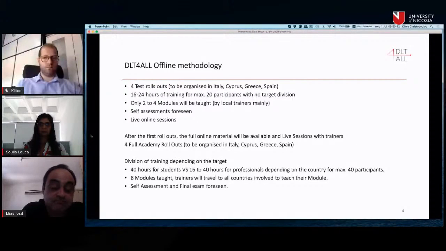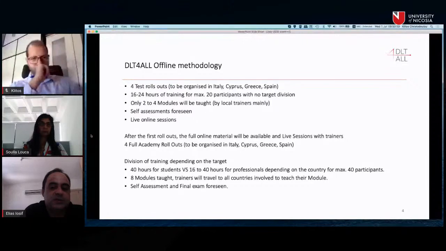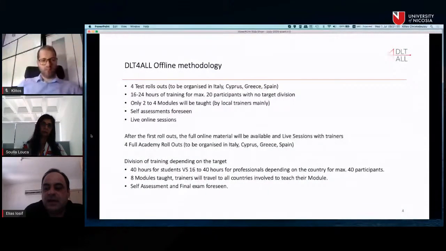Okay. Regarding the offline methodology, these are plans that are agnostic to the COVID situation, since we have the great ability to organize them according to the current situation. So these are the plans for the offline methodology.